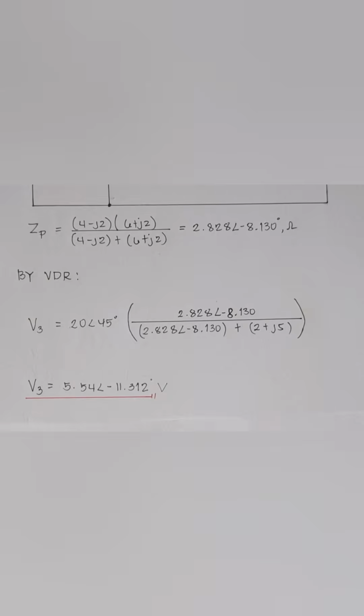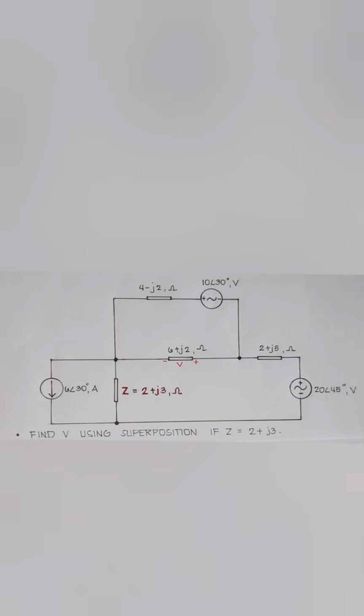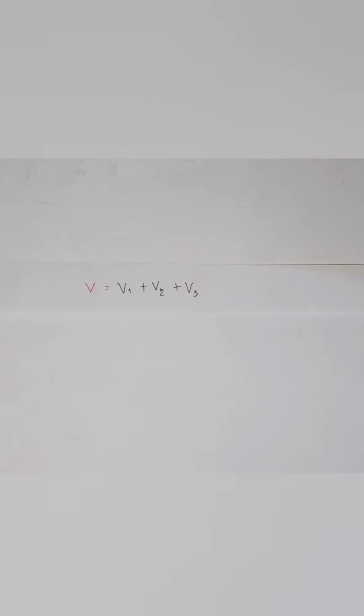11.312 volts. And finally, we go back to the original circuit. By the superposition theorem, the total voltage is the sum of all individual voltages. V is equal to V1 plus V2 plus V3.